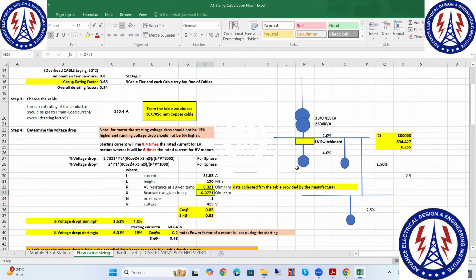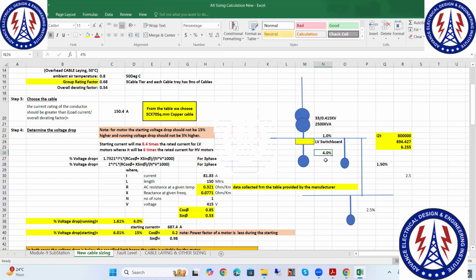The general condition: suppose this is my transformer, then this is the panel and this is the motor. From transformer to the panel, it is 5%. Suppose you are using one panel here and you are allowing 1% here, then from panel to the motor only 4% is available.